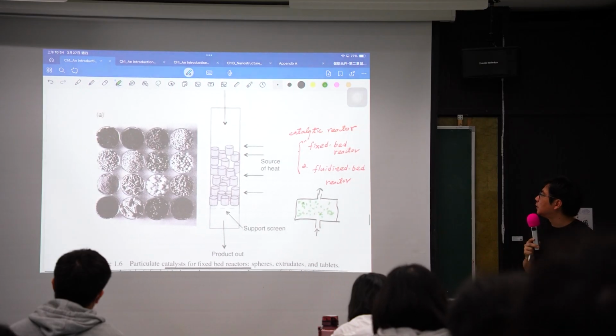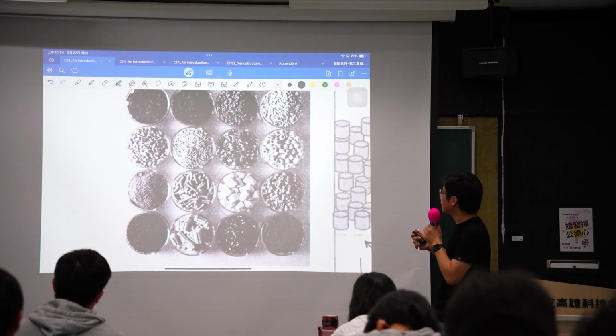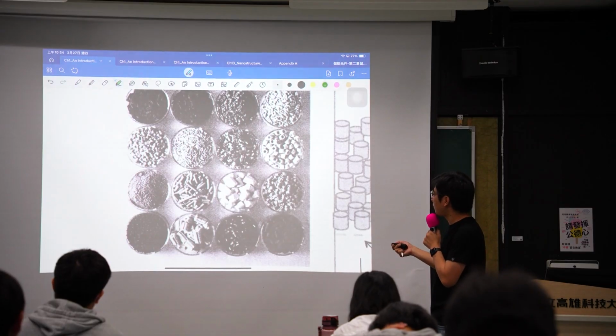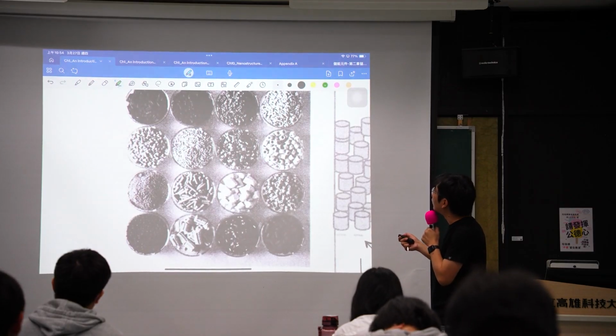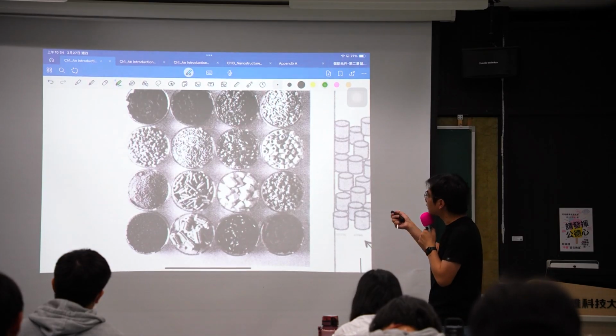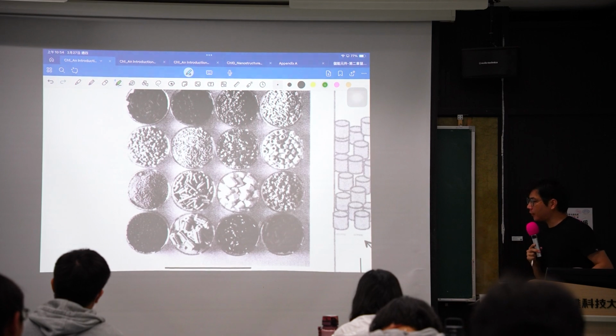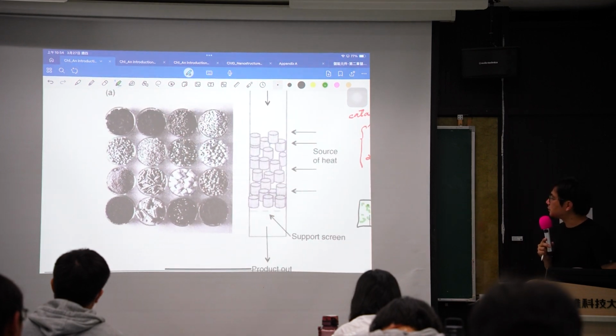Okay, so as you can see, a variety of catalyst structure, the ring, line and spherical and different shape of catalyst. Depends on many factors. Flow rate, pressure, temperature, okay.